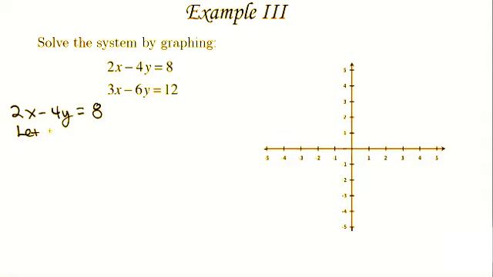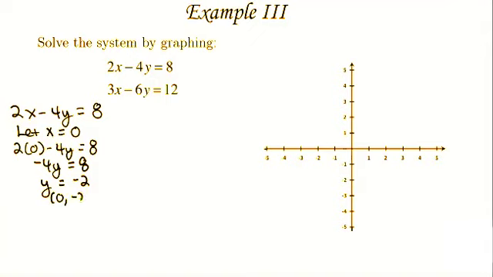Okay, so I'm going to find the x and y intercepts, and remember that when you're finding the y-intercept, what you're going to do is let x equal 0. So if I let x equal 0, I'm going to have 2 times 0 minus 4y equals 8, or minus 4y equals 8, which is going to give me y equals negative 2. So my first point, my y-intercept, is at 0, negative 2.